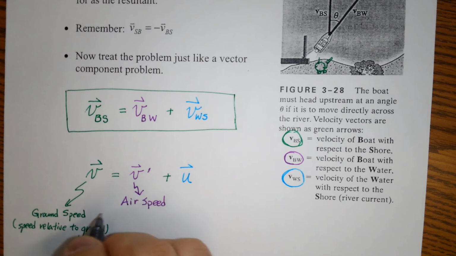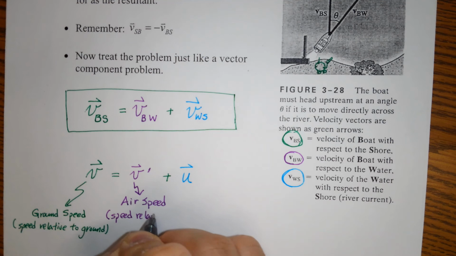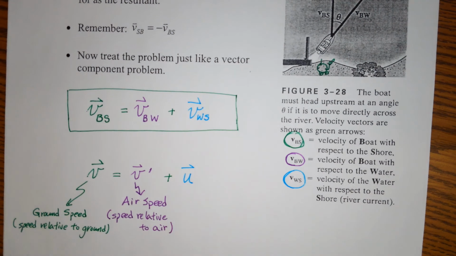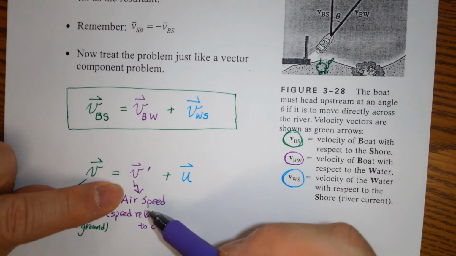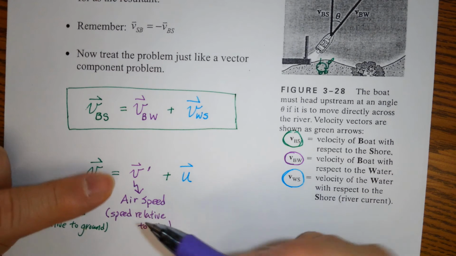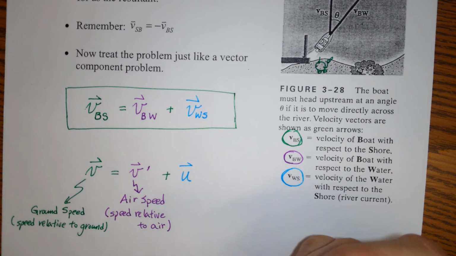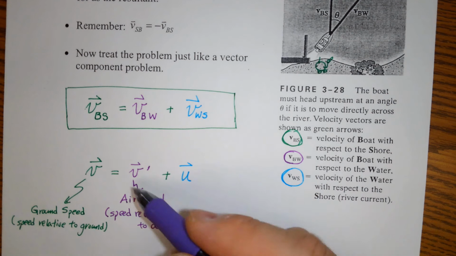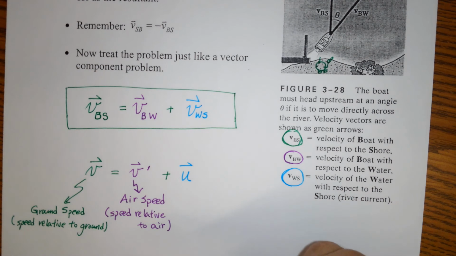Airspeed is speed relative to air, which means this is how fast the airplane will fly with no wind, no headwind, no tailwind, no crosswind.